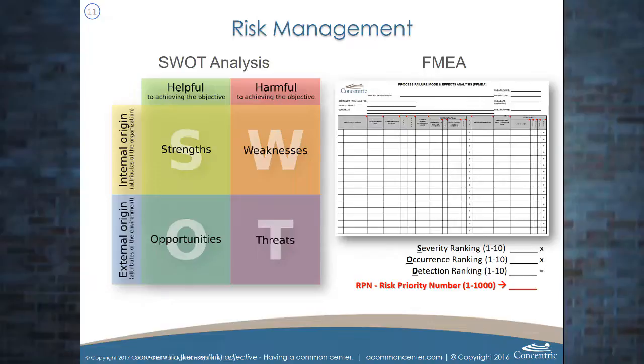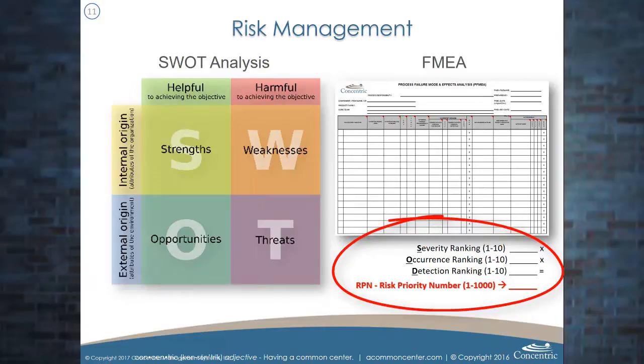And the idea, in short, of the FMEA is to rank from 1 to 10 the severity, how severe is the issue as it relates internally or to the customer, the occurrence ranking, how likely is it this failure to occur, and detection. What is the risk ranking from 1 to 10 associated with detection? That gives you a risk priority number, or RPN, that would be anywhere from 1 to 1,000.